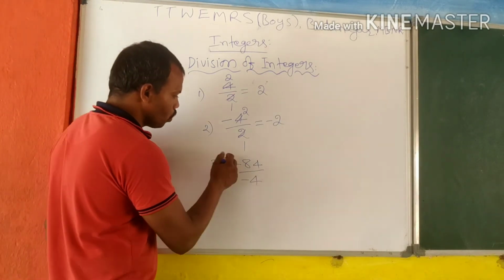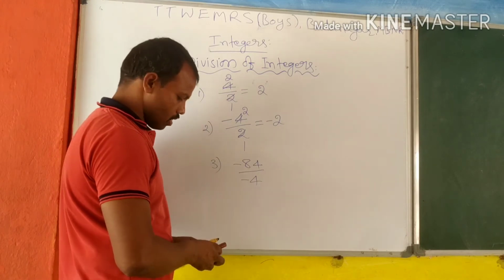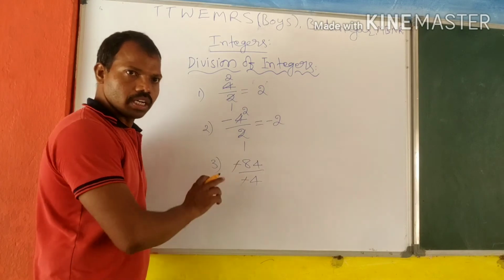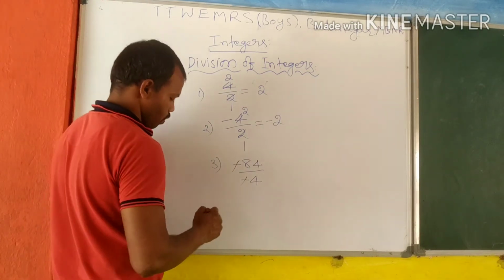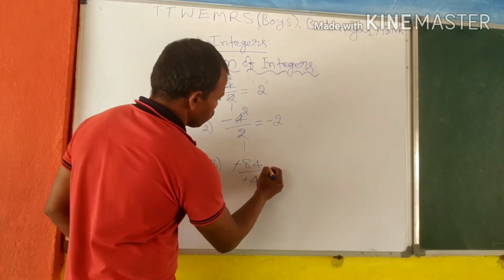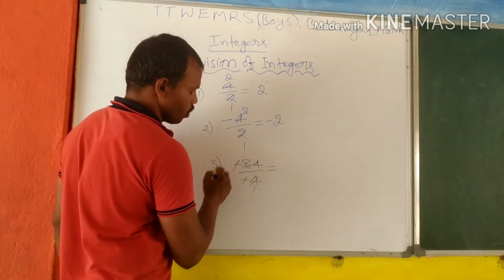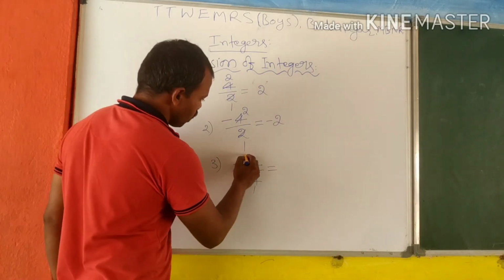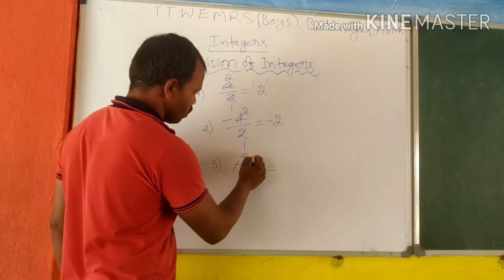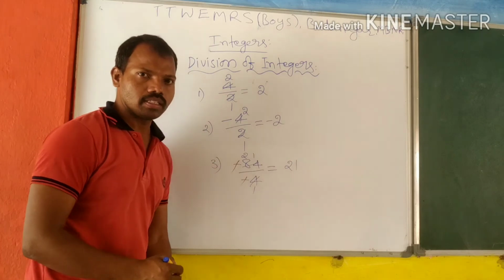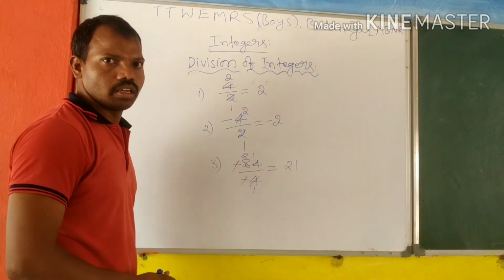Then both negative symbols will be cancelled. That means you will get a plus. So 4 one time, 8 how many times will go? 2 times, and 4 how many times? 1 time. So 21, the result is plus, no need to mention it here.